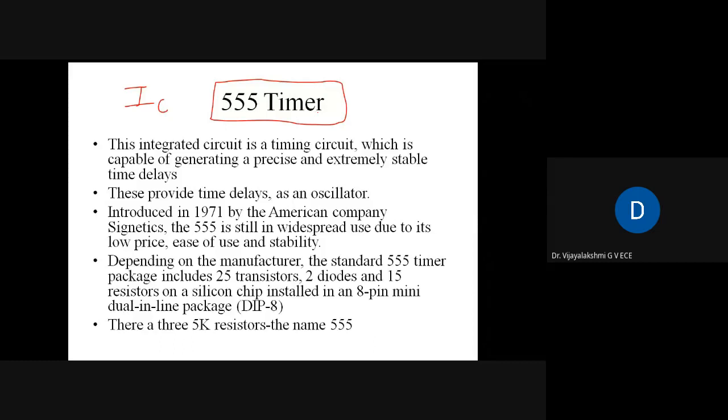There is a reason why we call it a timer, because it is used for generating time delays. It is used wherever timing is required. Say, for example, if you are doing some work, you set up the timing, and you check what work is done within the time limit you have kept.